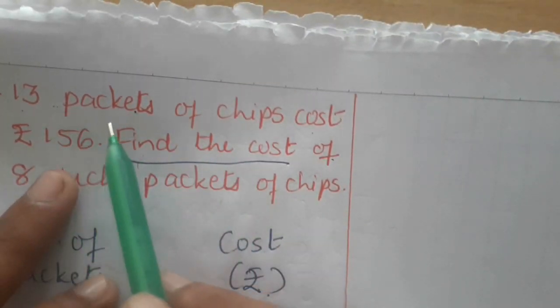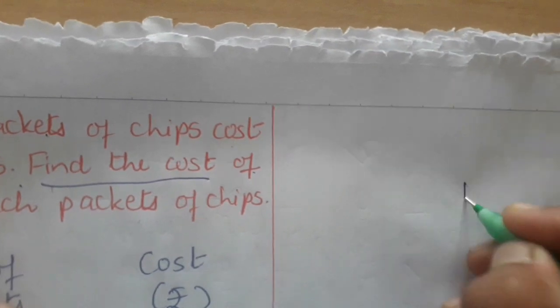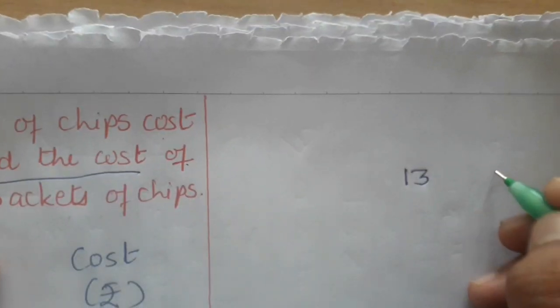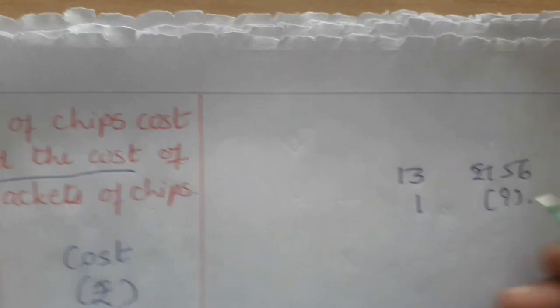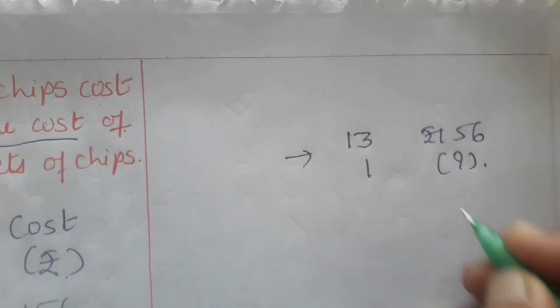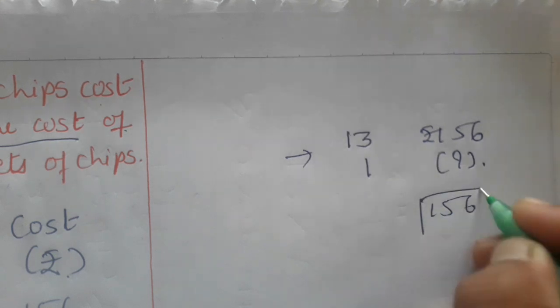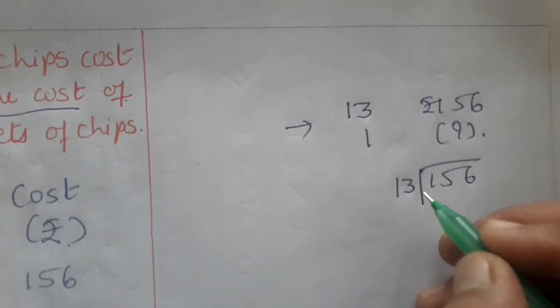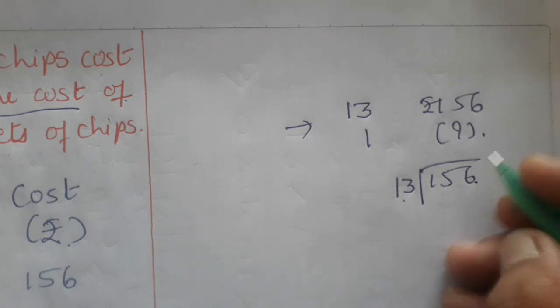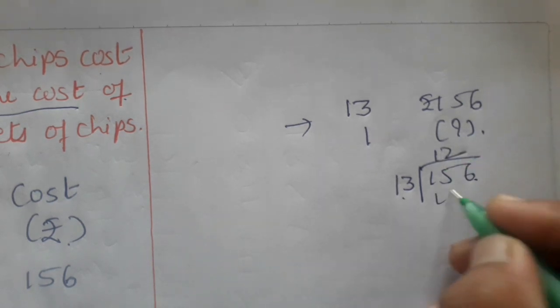Say you may have done 13 packets cost rupees 156. Okay, so what is the cost of one such packet? So first step you may have done 156 divided by 13, you may get 12. Is it okay?